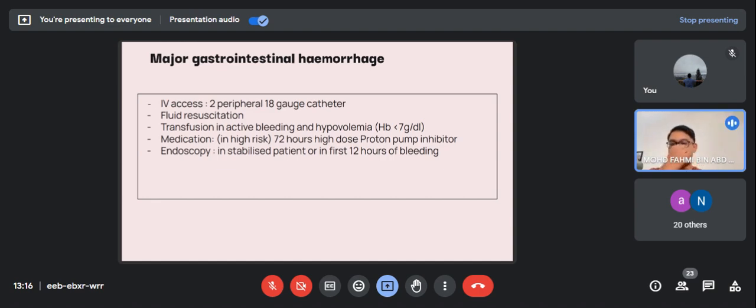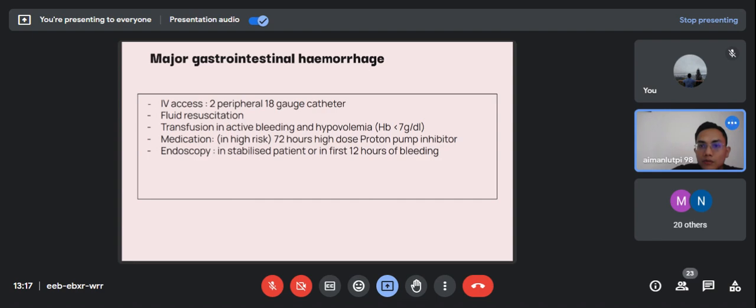So I asked the question earlier on the first slide tu. So kita nak carry semua sampai di sini. Prinsip yang sama je. Okay. Nah masuk GI. So major gastrointestinal hemorrhage, most of the case we need to transfuse in active bleeding, and when there is hemoglobin less than 7.